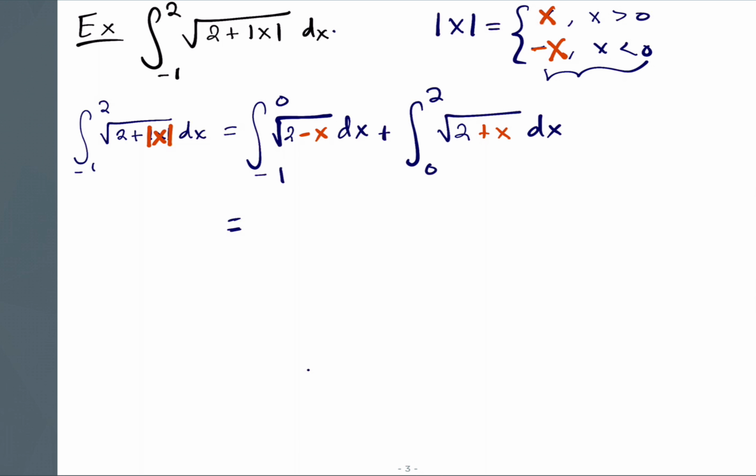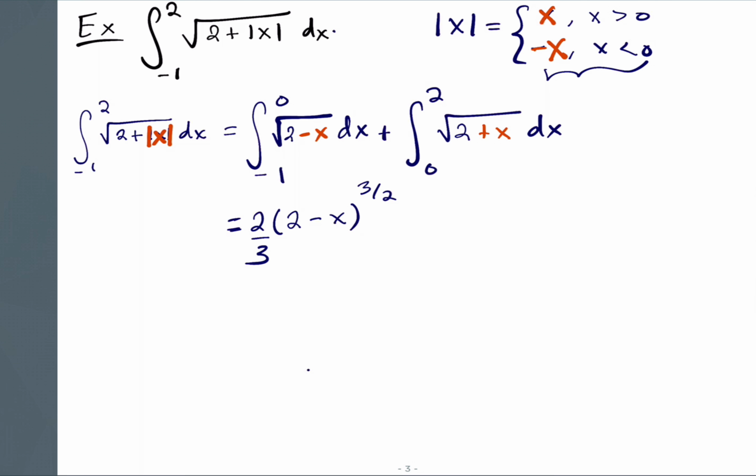If this was just, for example, square root of x, then you would just use the power rule, right? Well, can I use the power rule anyways? Kind of, sort of. You can, yes, but you have to be careful. What's going to be the exponent here? 3/2, right? I add 1, so 3/2, and then multiplied by 2/3.